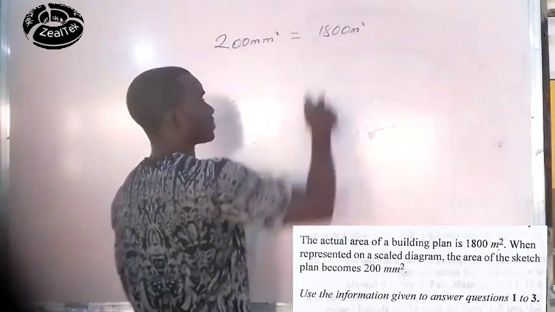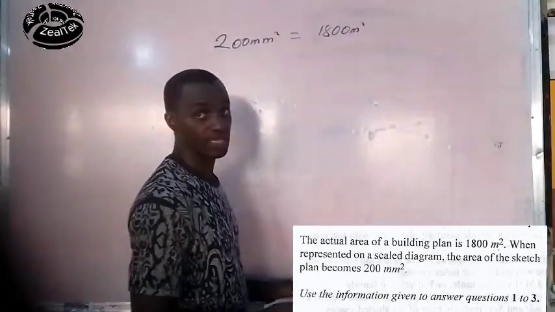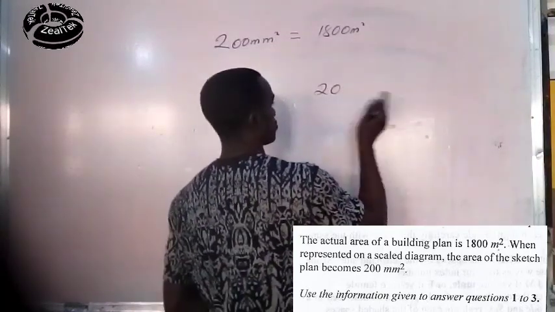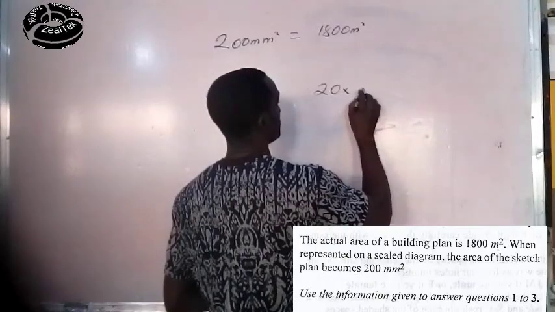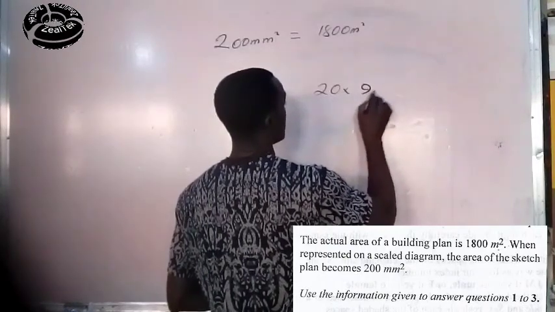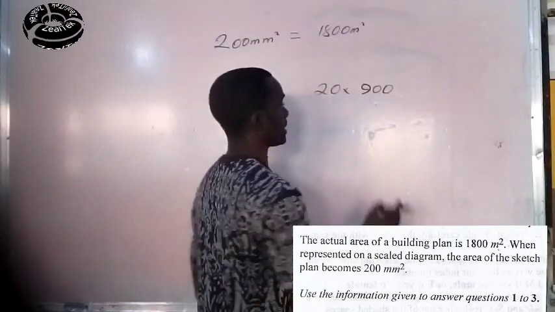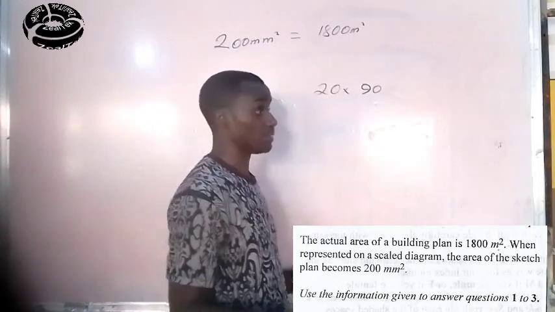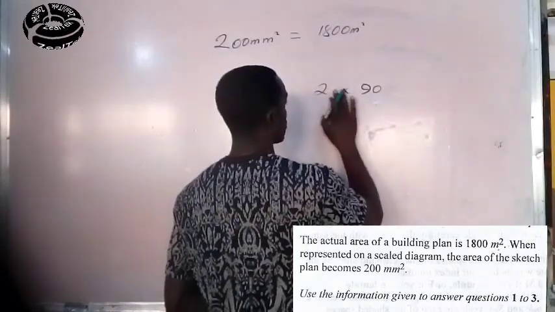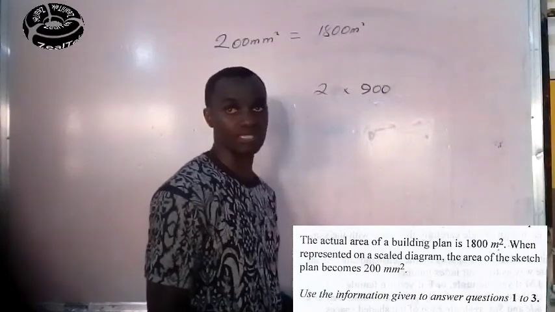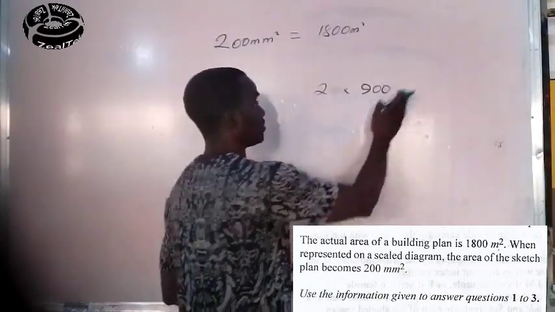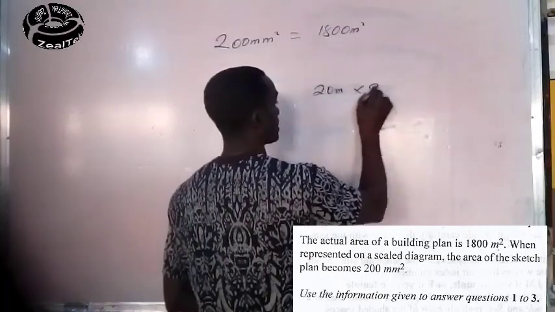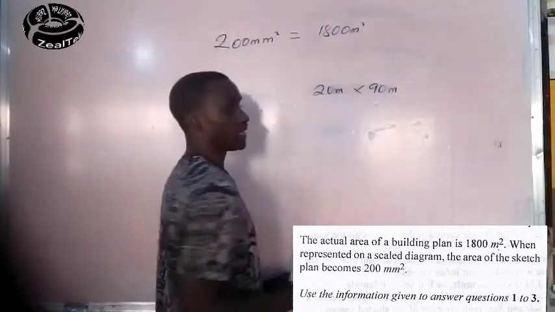If I am to get 1,800, there are several ways to get that. One of them is 20 times 90, it can give us that, perhaps. Or rather, 2 times 900 can give us the same thing. We will get the same amount. But do you know that if it is 20 meters times 90 meters, there are two values here.